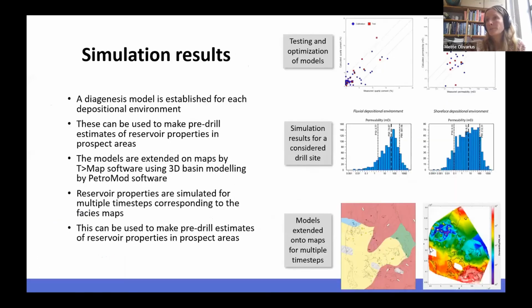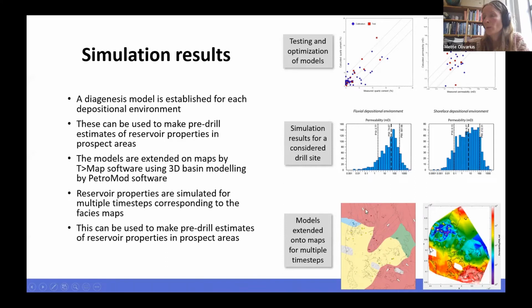And we have then made a diagenesis model for each of the different depositional environments, like the fluvial, the shoreface, and others. The models can then be extended by the TMAP software, for example, and the 3D basin modeling. We have used Petromod here. And then they can be extended onto maps.